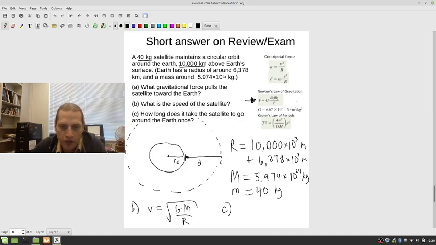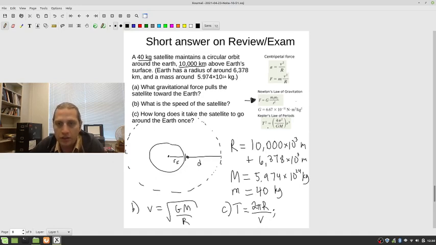If you put in G and M and r in good units, you're going to get a v that's in meters per second. And if you wanted to find the time it takes, that would just be the total distance, 2 pi r, the radius of this big circle, divided by v. That'd be one way to do it.